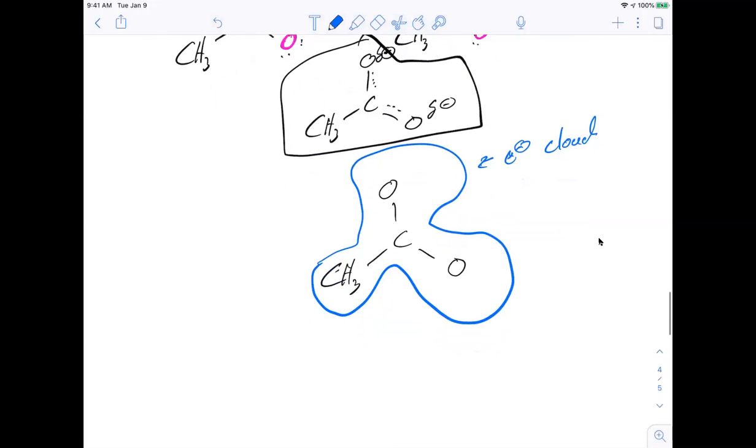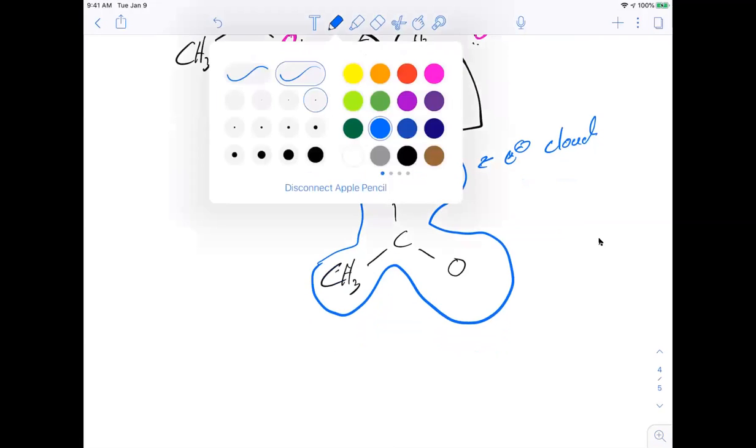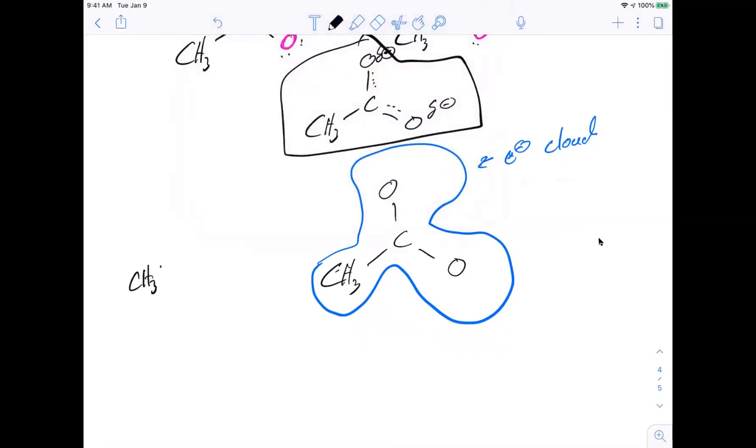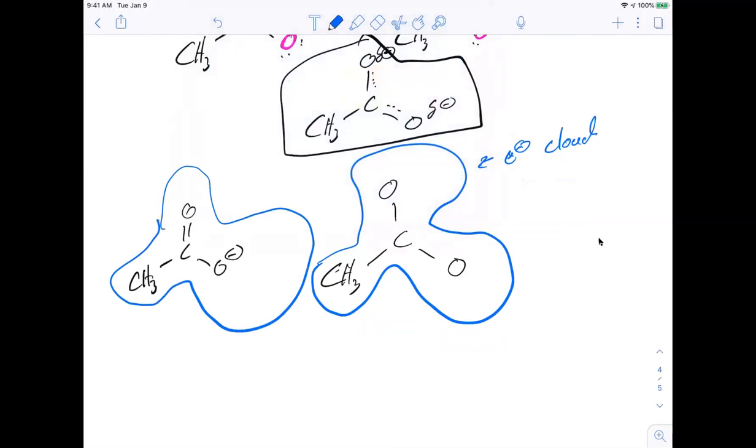Instead of like this. That electron density is actually spread out throughout those two oxygens. What does that mean as far as the stability of those oxygens?